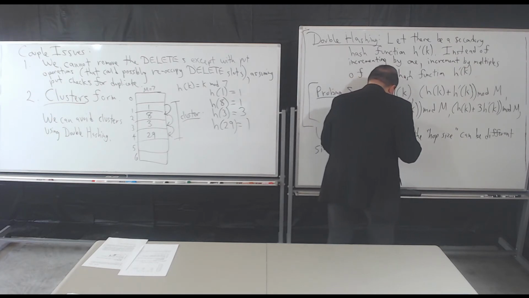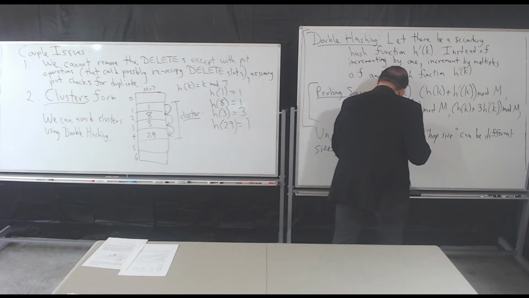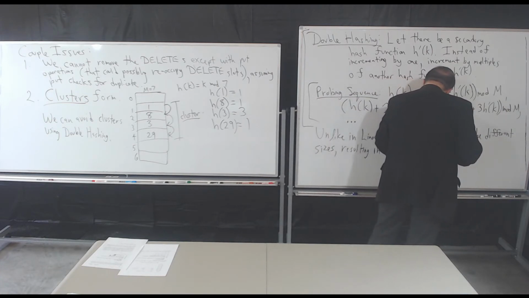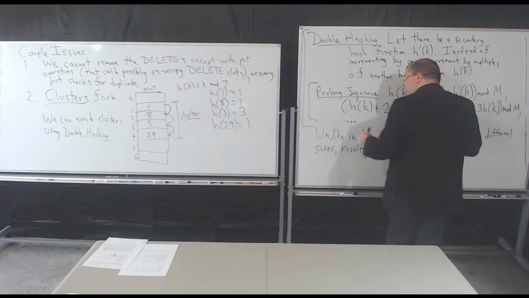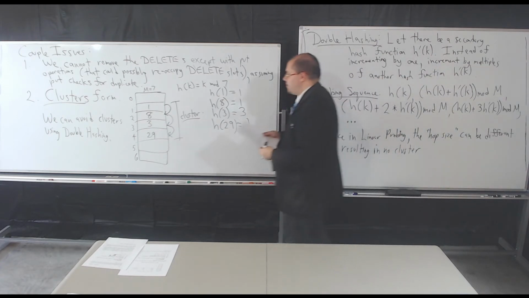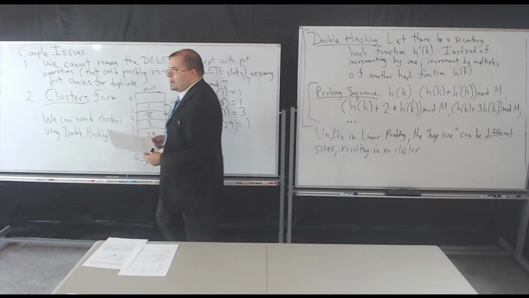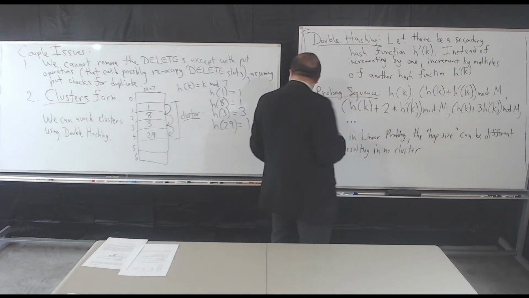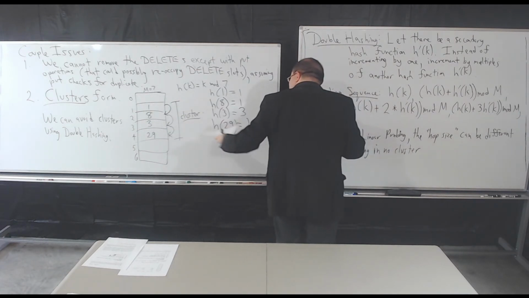Resulting in no clusters. So you don't have this one step after the other business with these clusters, as our definition of a cluster was. Because we make big hops, right? So we perform these big hops to avoid this one step-by-step thing going on here.